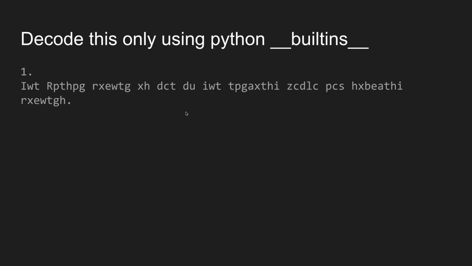I would go in and say, for I in this, go through a loop. I would have to make a transformation, a decoder. So I would need another string of the alphabet, but just shifted.